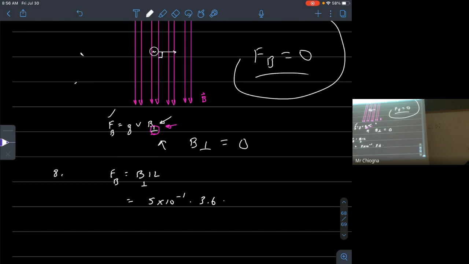And the length of the wire inside the field is 2.5. The answer is 4.5 Newtons.